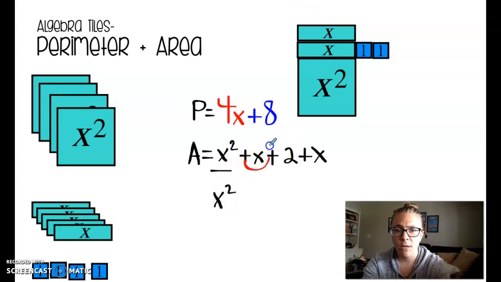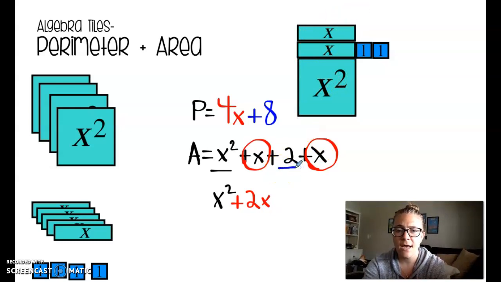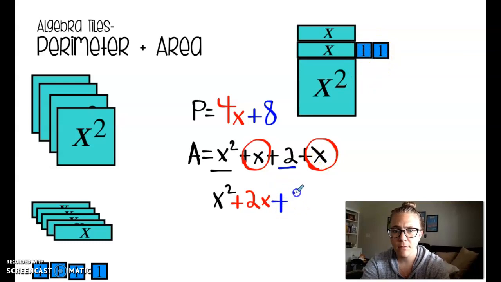Then I have 1x here, and if I look in my expression, I have another x for a total of 2x tiles in my figure, and I can compare that with my actual figure and see, yes, I do have 2x tiles. And then lastly, looking at my ones tiles, I have 2 ones tiles, which I do. So I put in 2 at the end.